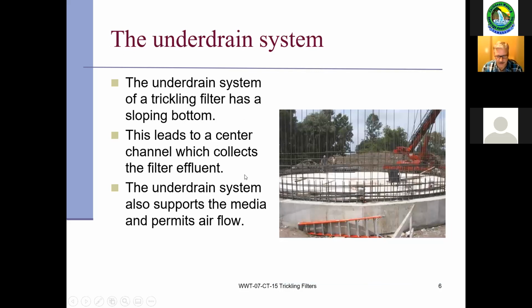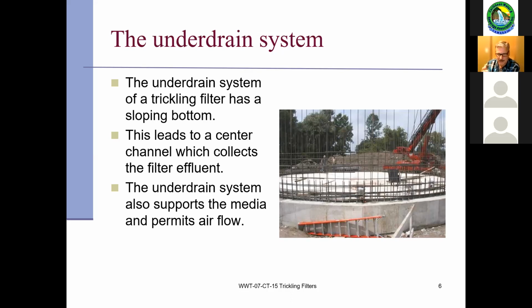The under drain system. The trickling filter has a sloping bottom, and the under drain system is mainly there to support the filter media and permits airflow. So as the arm moves around and is distributing wastewater around the tankage, flows through the media, the biological slime or growth living on the media needs air, which is picked up from the flow of the water onto the tank.